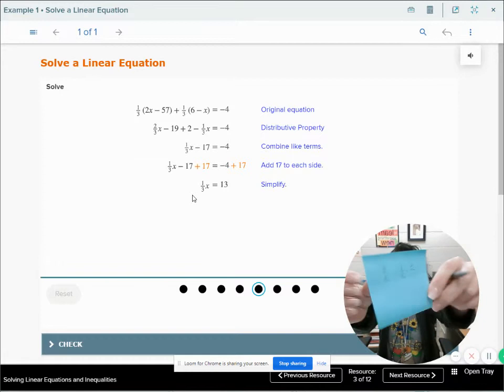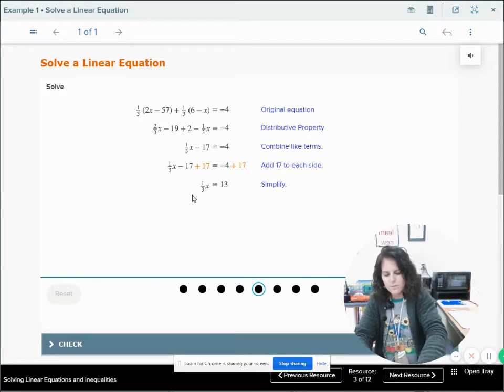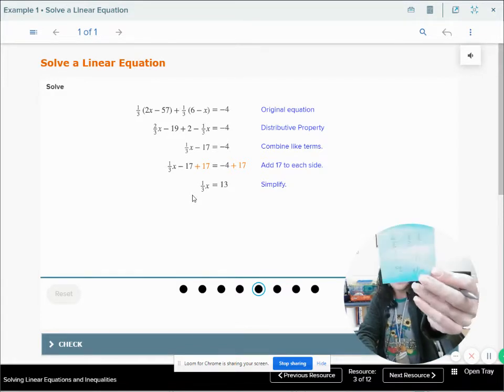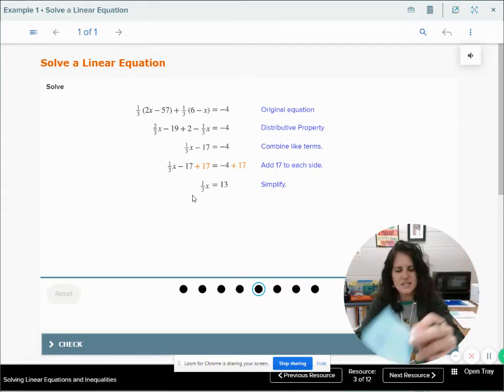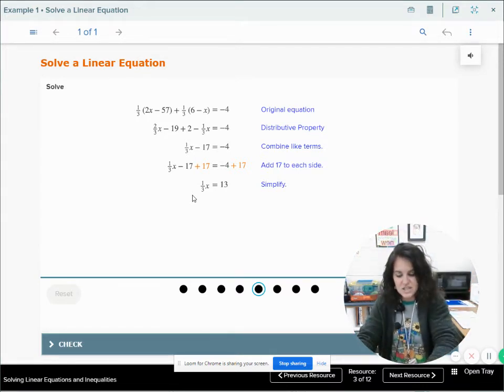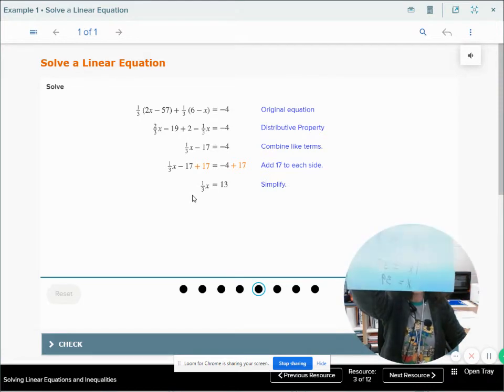So now I'm just left with 1x equals 13 times 3/1 as well. 13 times 3 is 39. So I have 1x equals 39. We know that 1x is just the same as x all by itself, since 1 times anything is just that anything. So x equals 39. That's me solving for x, solving my equation.